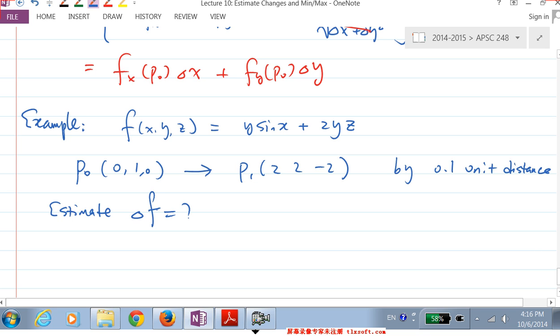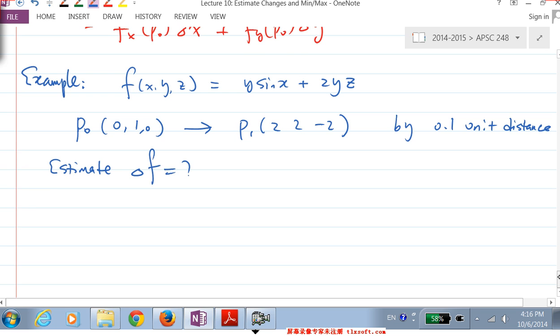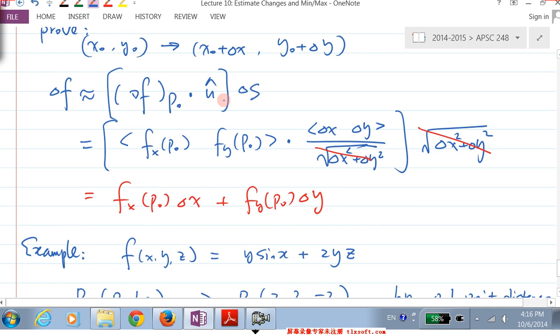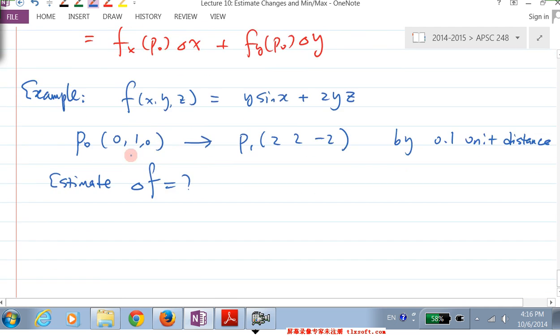Essentially, it's an exercise of the formula that we just used. So I want to use this formula here. If I use this formula, I have P naught, that's my starting point. That's great. Del f, we can calculate that. U hat, that's the direction of walking, so we have to extract the information out of the given condition here. How do I get U hat then? Well, we don't have U hat directly given, but we have P naught to P1.